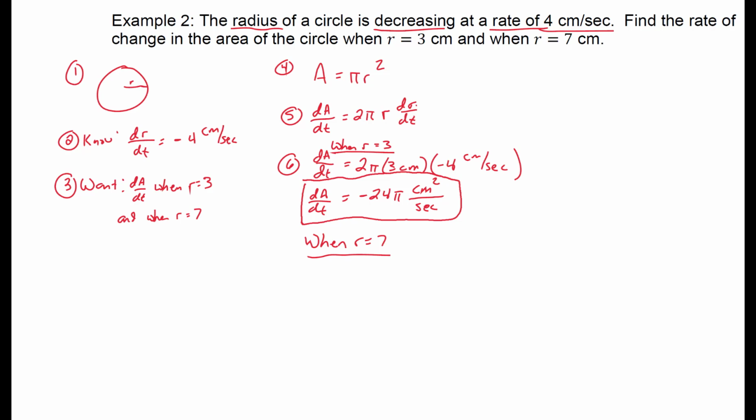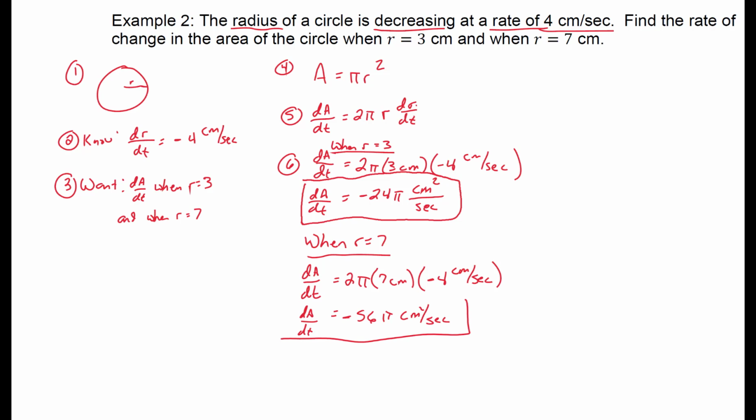So now dA/dt is going to equal 2 times pi times our radius of 7 centimeters, times our dr/dt, which is still negative 4 centimeters per second. Cleaning this up and multiplying everything out, 7 times negative 4 times 2 pi, we end up with dA/dt equal to negative 56 pi centimeters squared per second. And we're finished.